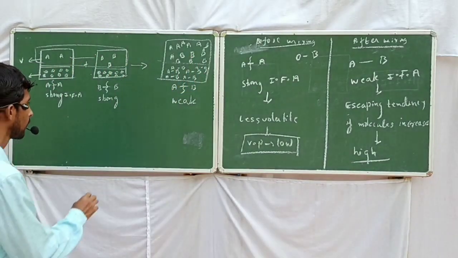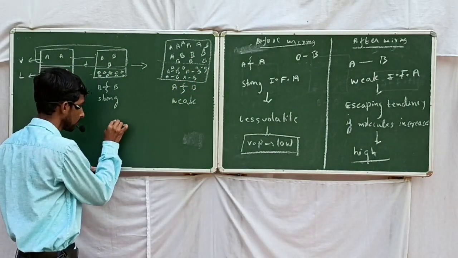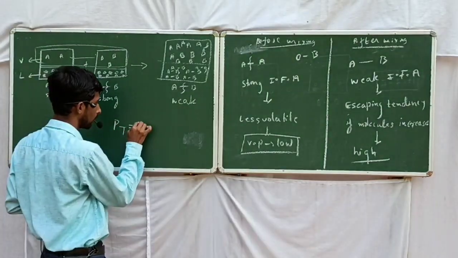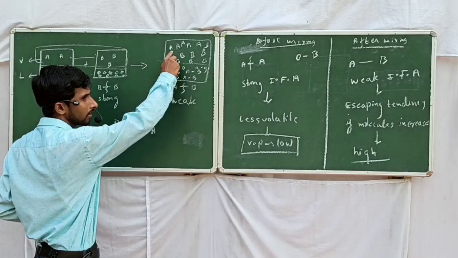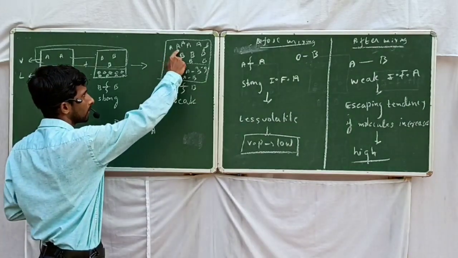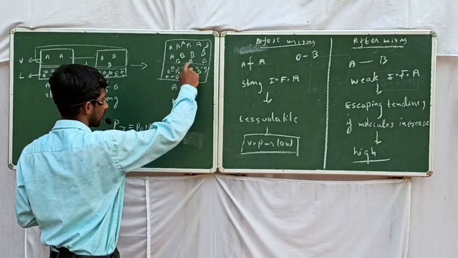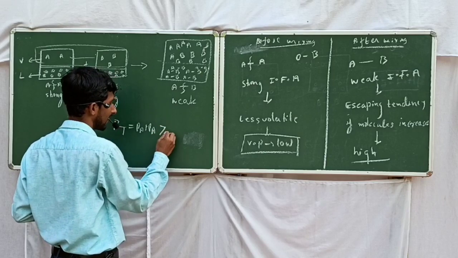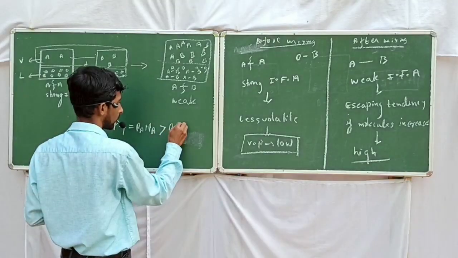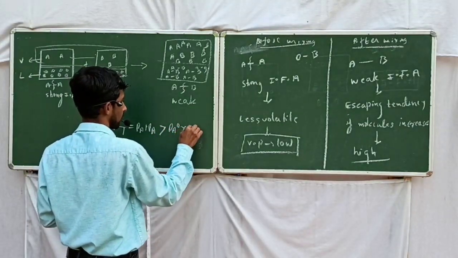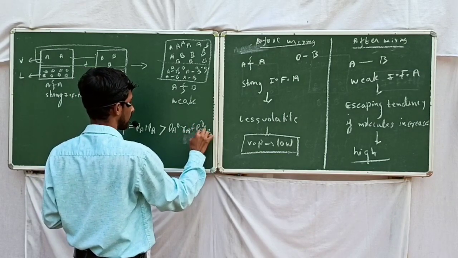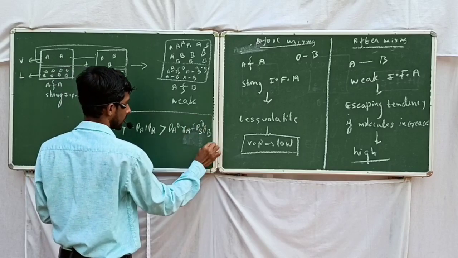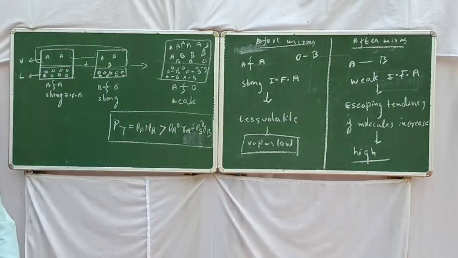So the vapor pressure of the solution, that is equal to PA plus PB, the partial vapor pressure of component A plus the partial pressure of component B, is greater than that calculated by using Raoult's law. That is in case of a non-ideal solution.